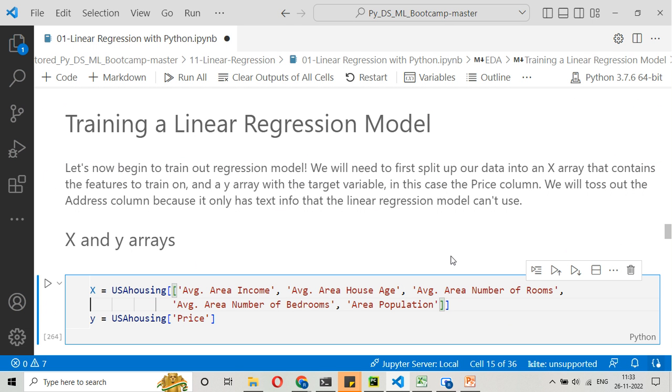So here, address we are not taking into consideration, as it has text information. So you cannot use it actually. Suppose you can take some reference in that graph, try to plot that somehow.